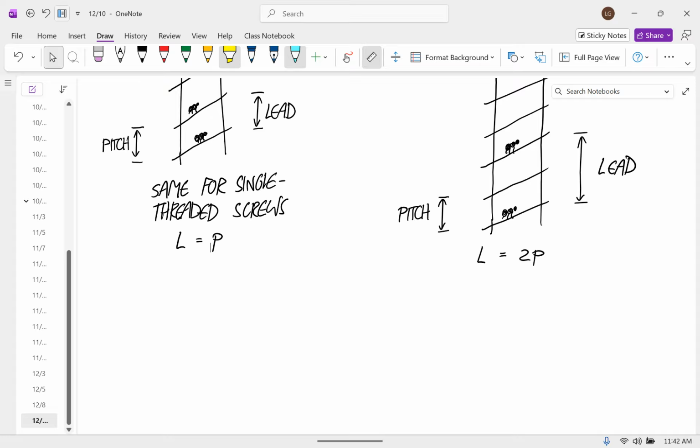Okay, so what we want is the lead. If you have a single threaded screw, the lead is equal to the pitch.